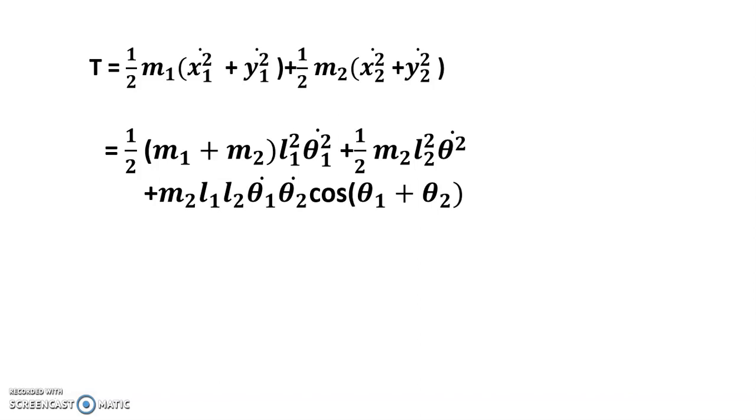So x1 dot whole square plus y1 dot whole square is equal to L1 square into sin square theta 1 theta 1 dot square plus cos square theta 1 theta 1 dot square. So we get L1 square theta 1 dot square. So it is very easy.